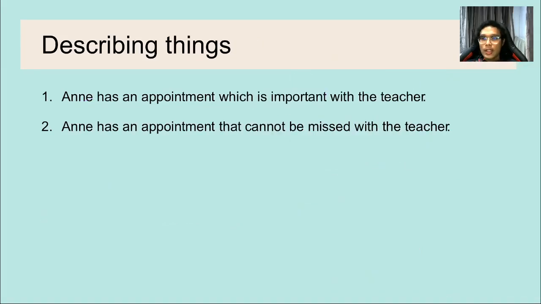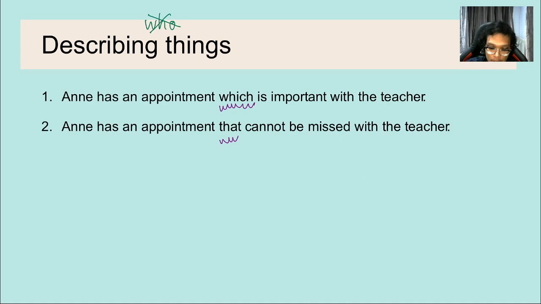Okay, so from the previous slide we wanted to describe a person, people, right? Now we're going to move to describe things. Things are somehow similar to a person, but we don't use who to describe a thing. We use which, as you can see here, and that to describe a thing.